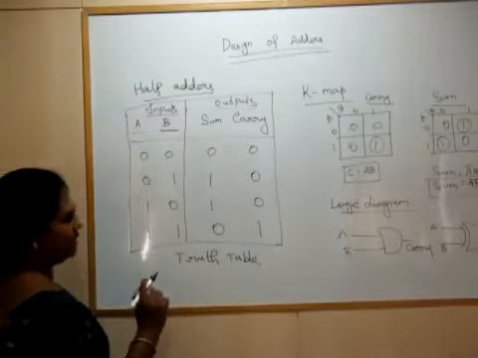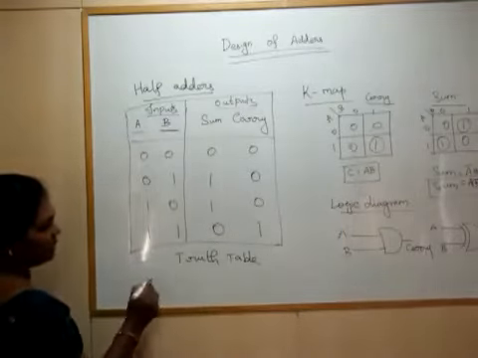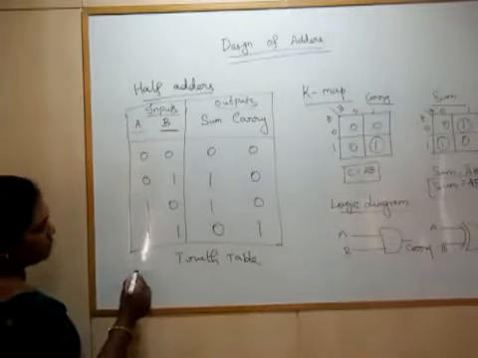How does it come about? Consider decimal addition.